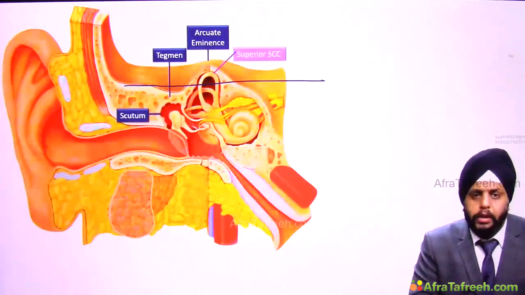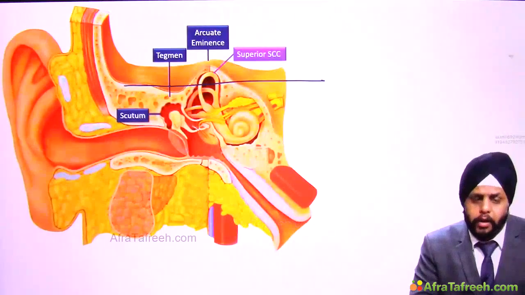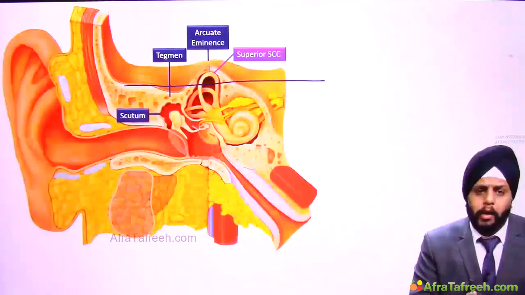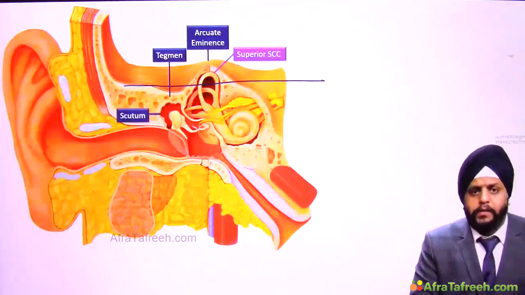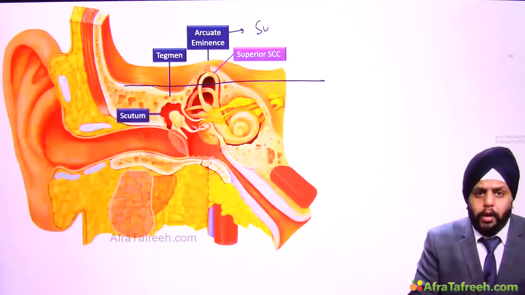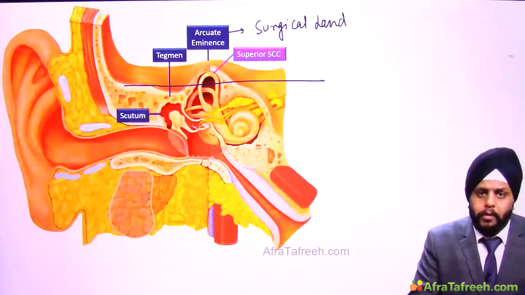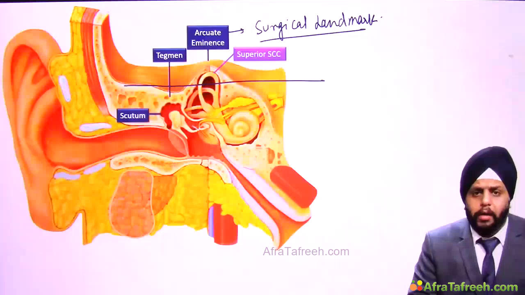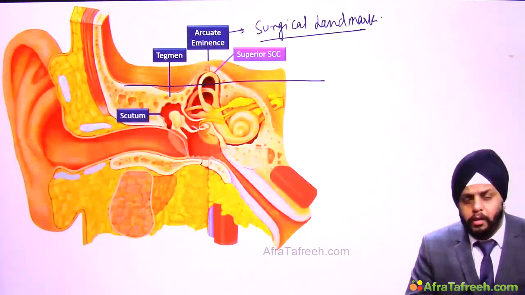The superior semicircular canal. You see over here, the superior semicircular canal is pushing the arcuate eminence up. What is the significance of this arcuate eminence? This is an important surgical landmark for nerve surgery.